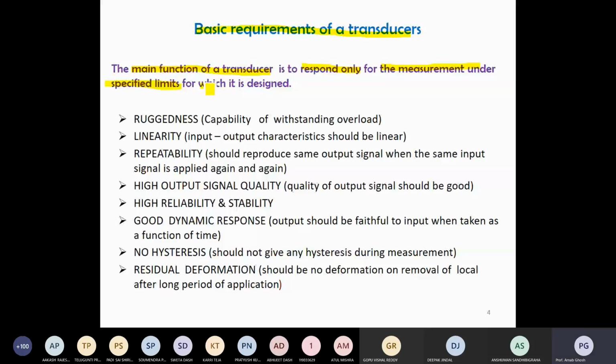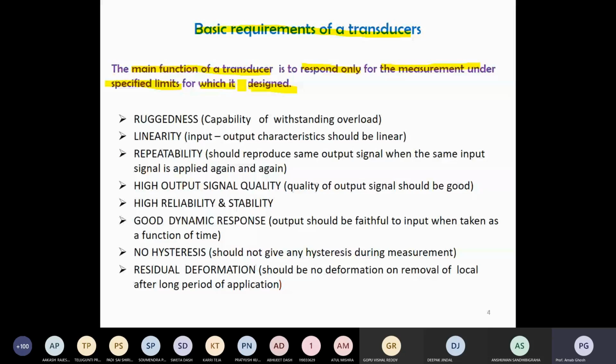It should be used within the limit for which it is designed. If it is beyond the limit, it does not work properly, and that may damage your transducer. That's why, for any sensor or transducer, you have to first study the manual, the data sheet.